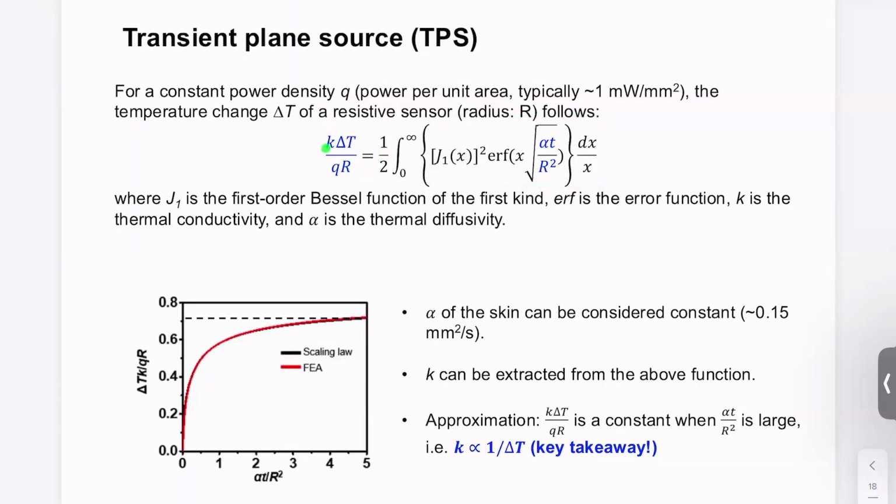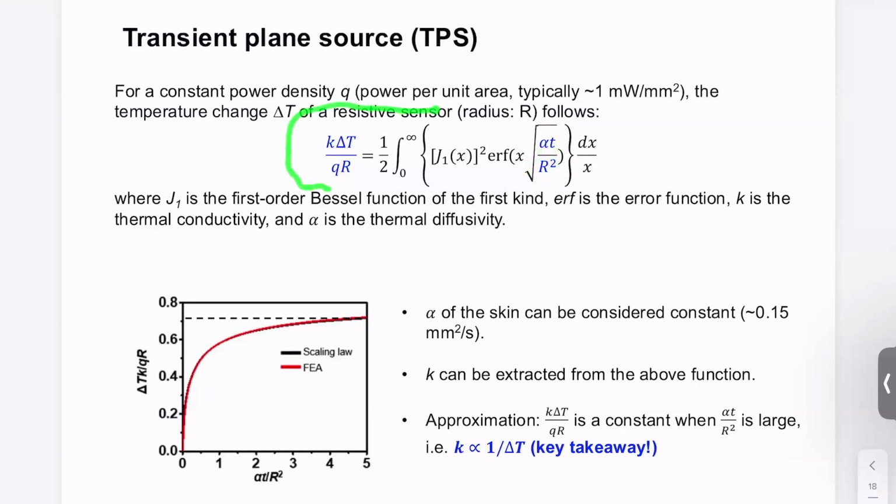So K is your thermal conductivity, delta T is the temperature change, Q is your power density, R is your resistor radius. On the right, the term that matters is alpha T over R squared, where alpha is the thermal diffusivity, T is time, R squared is the square of your resistor radius.